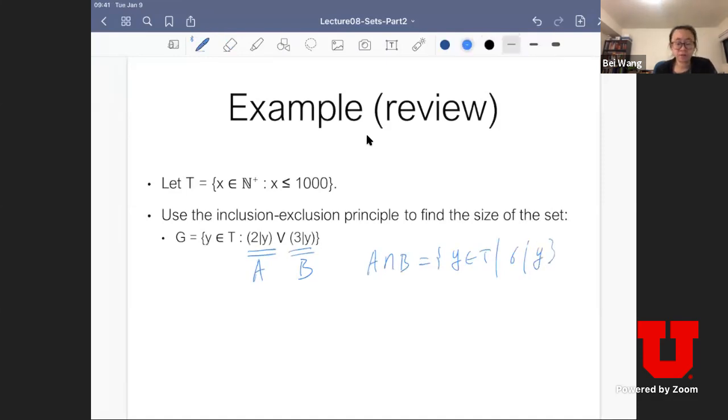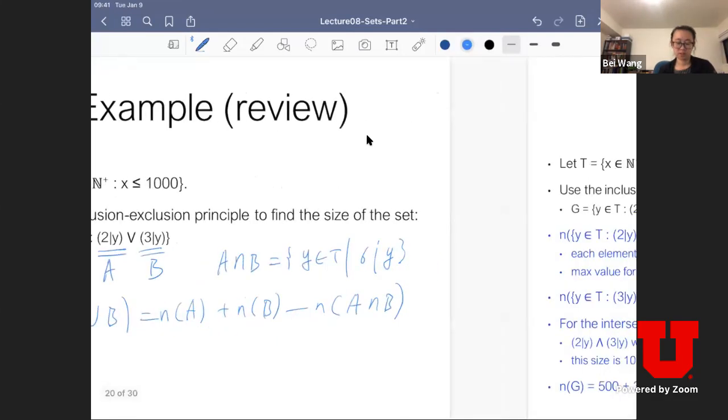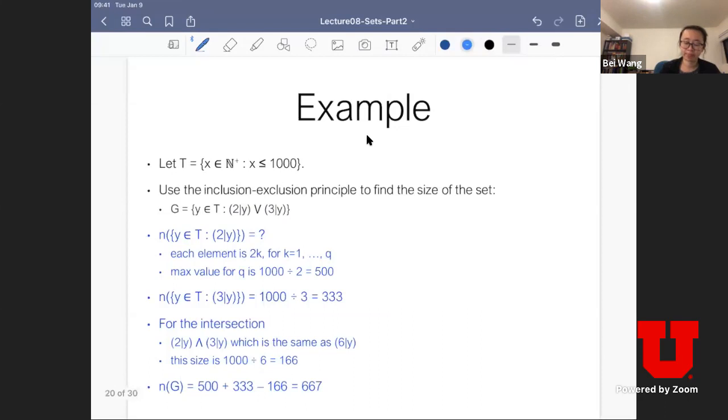So if I want to compute the union of those two, it's using the inclusion-exclusion principle. Right? Include each set, exclude their intersection. And then this is what you get here.